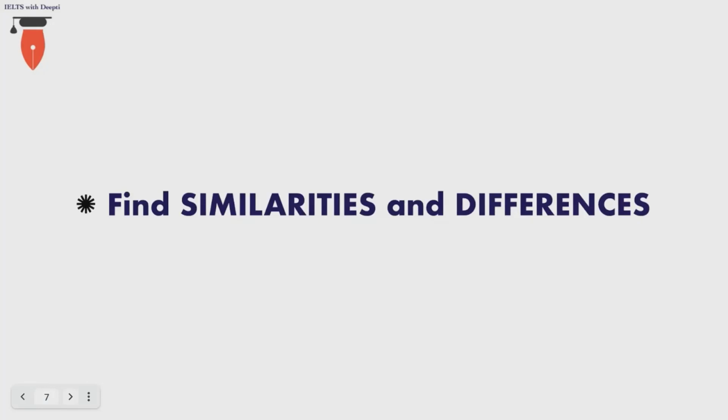Then the next important strategy to keep in mind here is to identify similarities and differences in the options that are given to you. Now, when there are similarities, there may be slight differences in those similarities also. A part of the options can be similar to each other, can have the same meaning, or the same words may be used, or the same dates, same figures can be used.